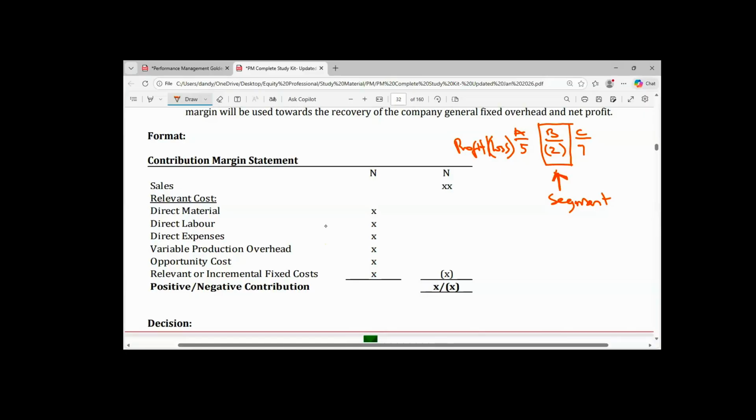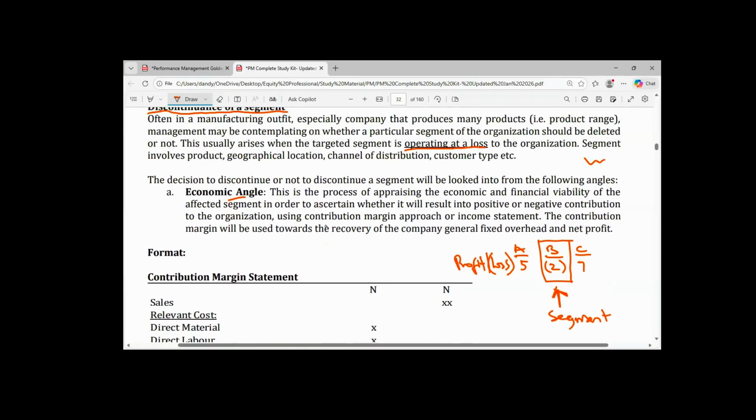product B. So to do the economic angle, you are supposed to compare the cash inflow arising from this product B with the associated relevant cost, whether it will result in a positive or negative contribution to the company using income statement or contribution margin approach.